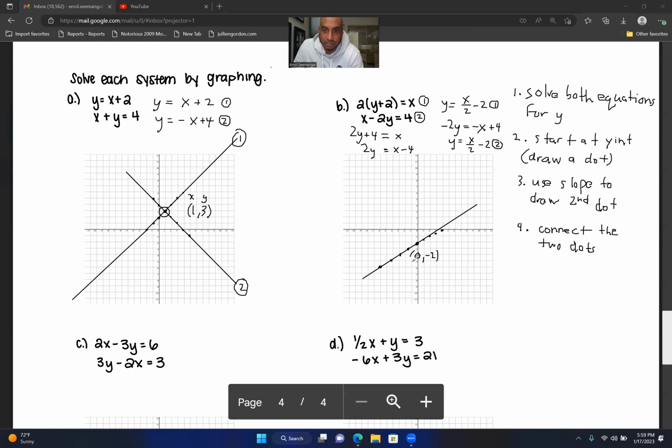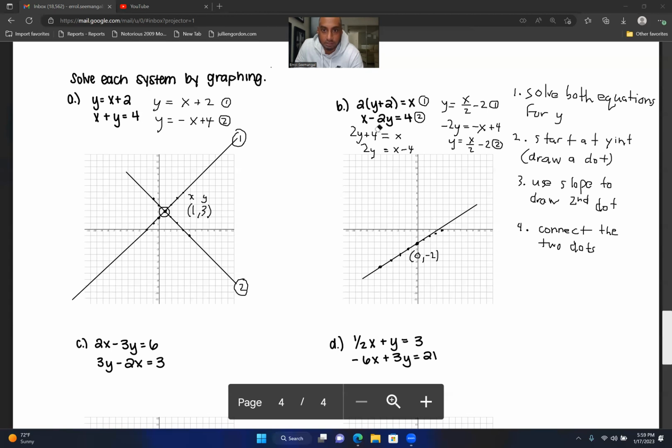How are we going to check if 0, negative 2 satisfies both of these equations? X is 0, y is negative 2. So negative 2 plus 2 is 0, and 2 times 0 is 0. First one checks out. Do the same thing for the second one. X is 0.